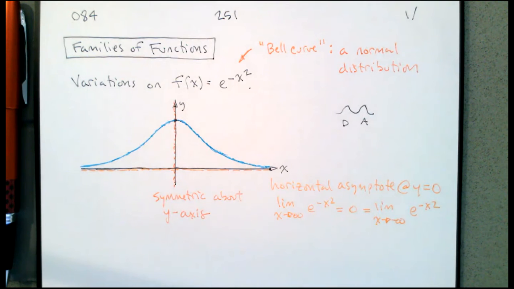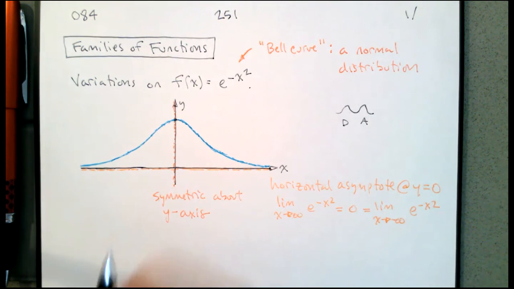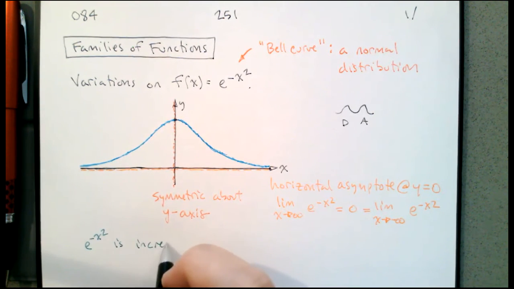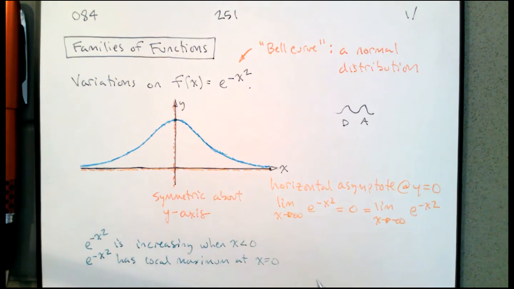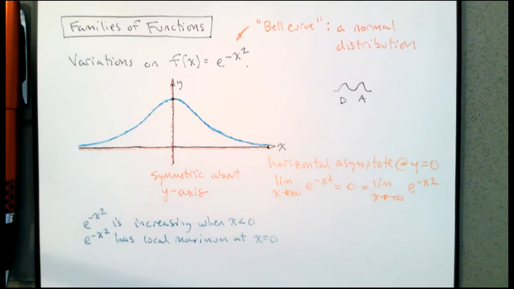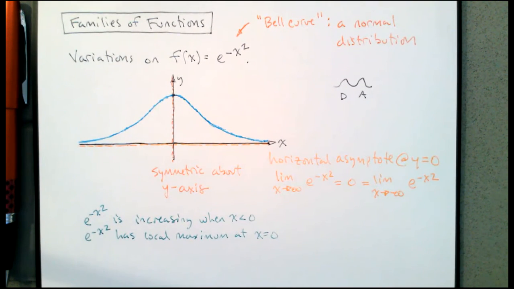So f of x is increasing when x is less than 0. e to the negative x squared has a local maximum at x equals 0. And e to the minus x squared is decreasing after x equals 0.